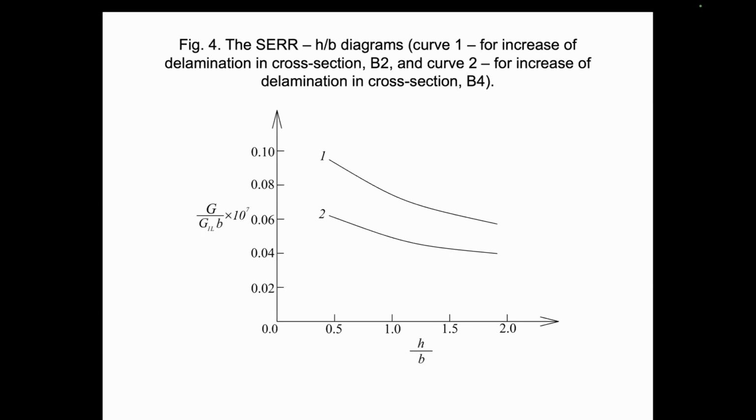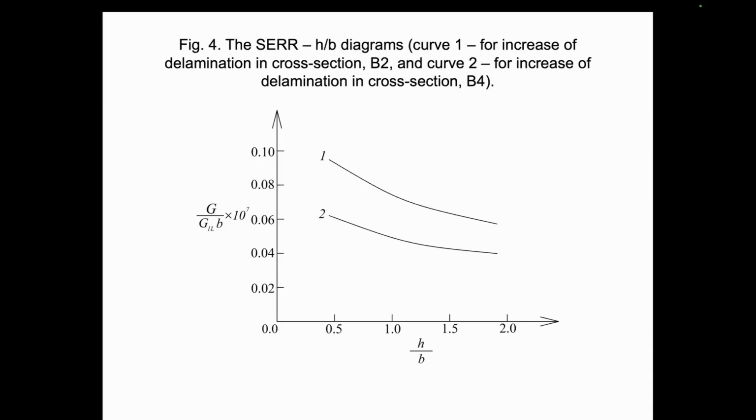Another important finding from figure number 4 is that the strain energy release rate for increase of delamination in cross section B2 of the beam is significantly higher than that for increase of delamination located in cross section B4 of the beam.